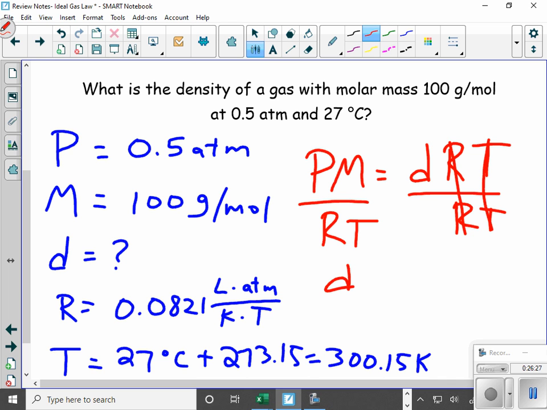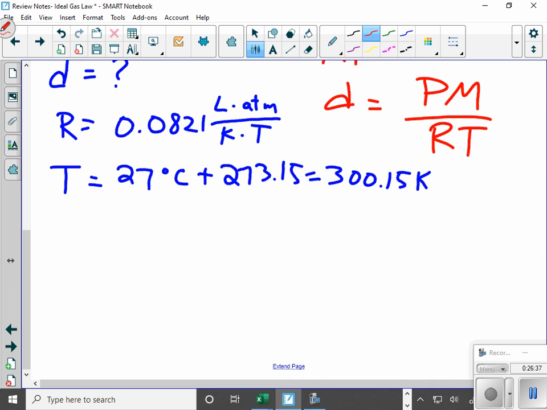Those cancel, so my density is equal to PM over RT. D is equal to P, which was 0.5 atmospheres.